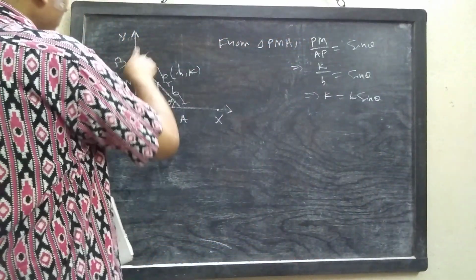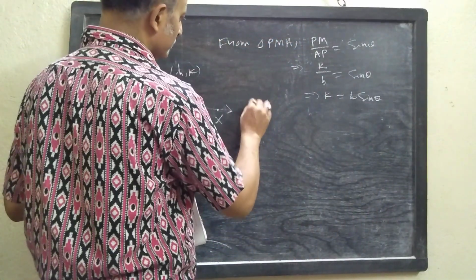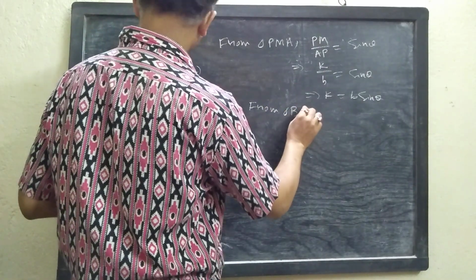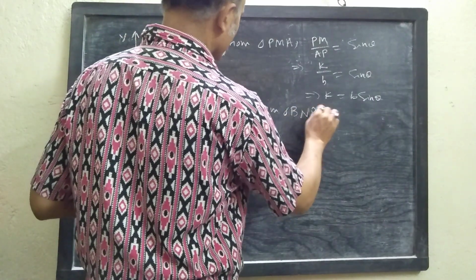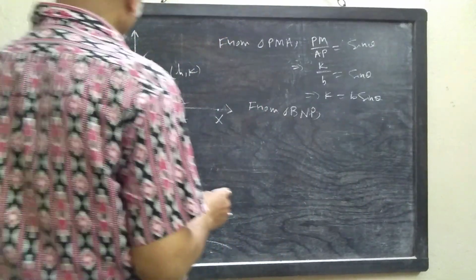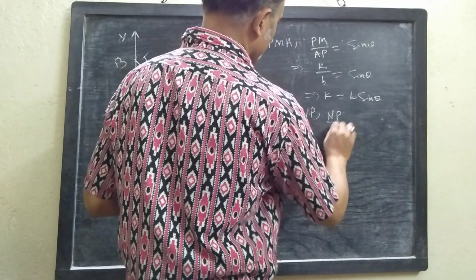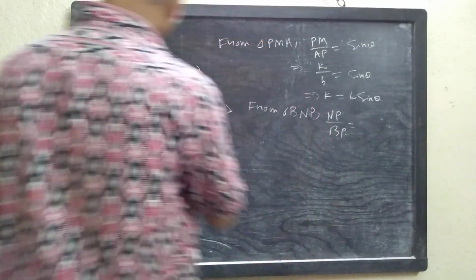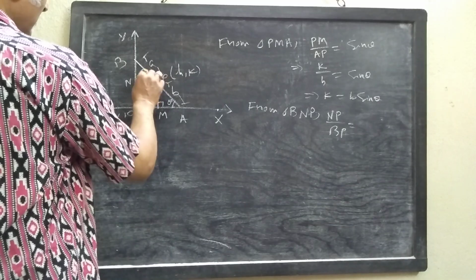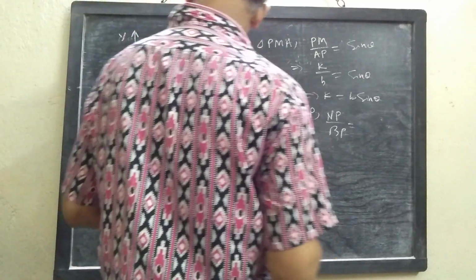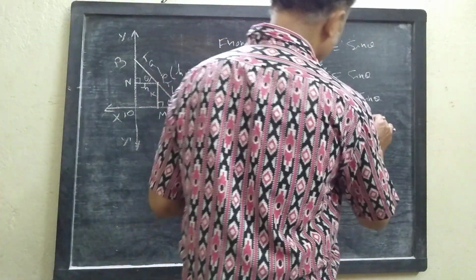Next, from triangle BNP, you get NP by BP. This angle will be theta because they are corresponding angles, these lines are parallel. So NP by BP will be cos theta.